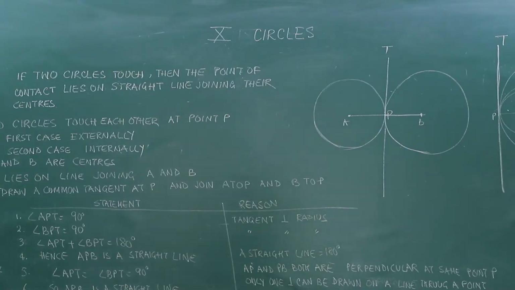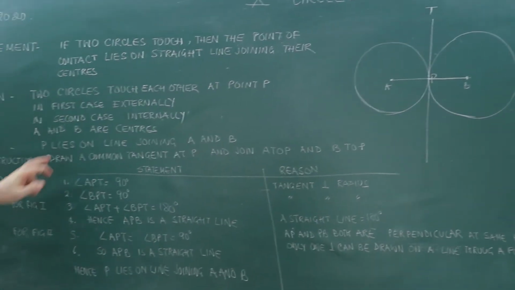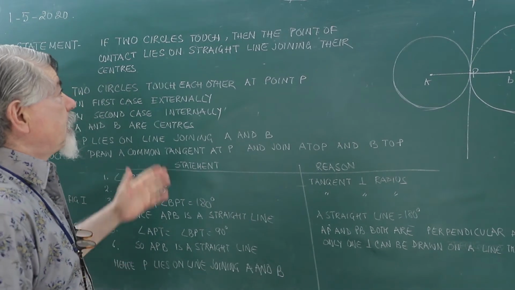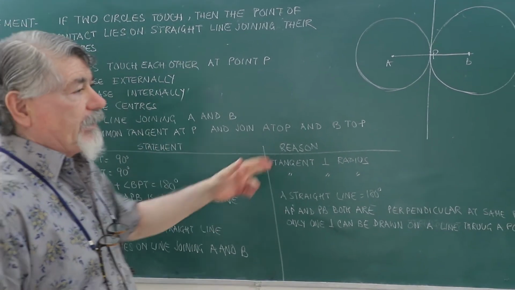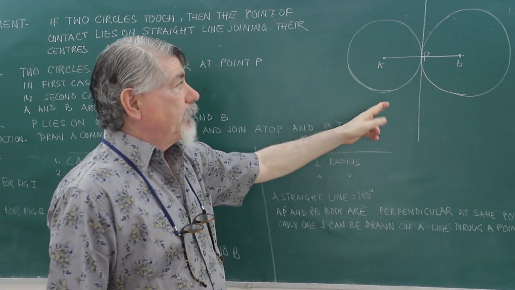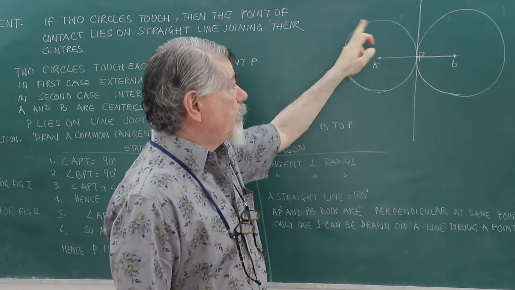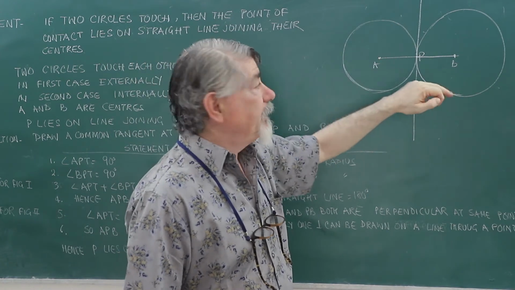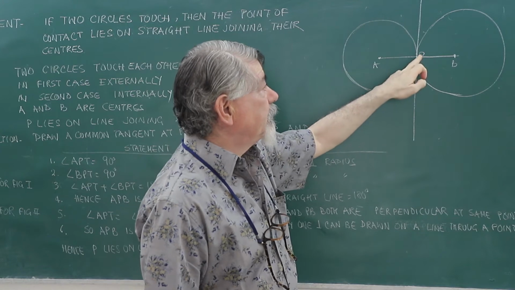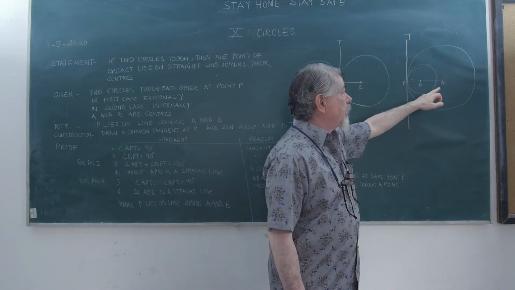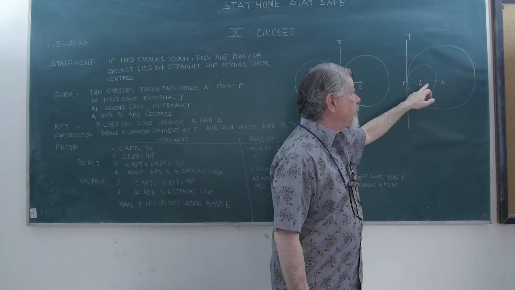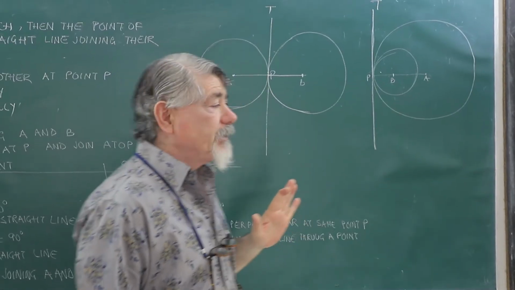We have the theorem, and the statement is: if two circles touch each other externally or internally, like you see here in the first figure, two circles with centers A and B are touching each other externally at point P. Here the two circles with centers A and B are touching internally.